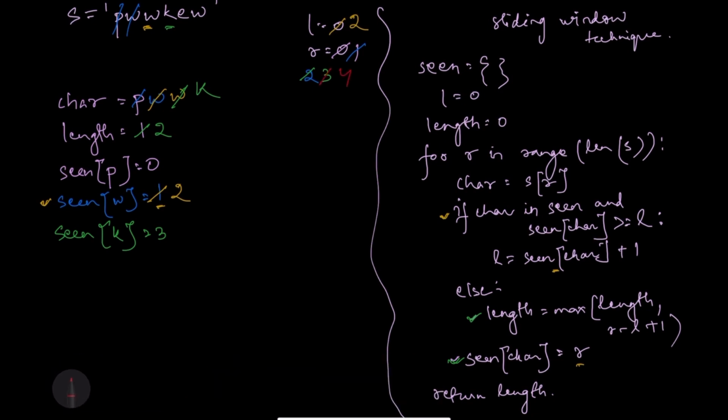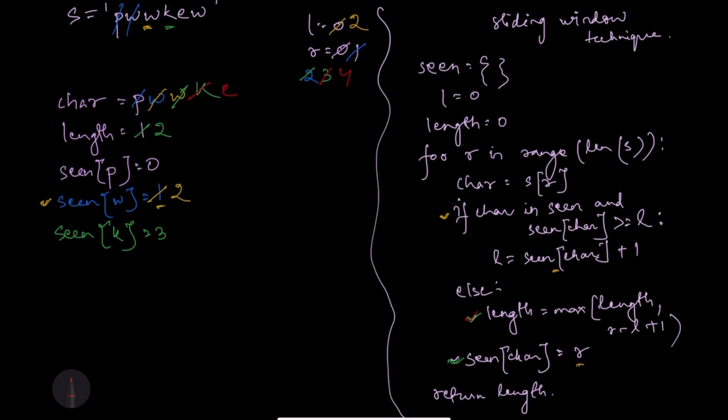Our r will be 4. This one would be e. Now we will check if our character e is already present in the hash map. It is not present, so we will move to the else part and we will check the length. So between the maximum, our length is 2 and our right minus left, that would be 4 minus 2, that would be 2.